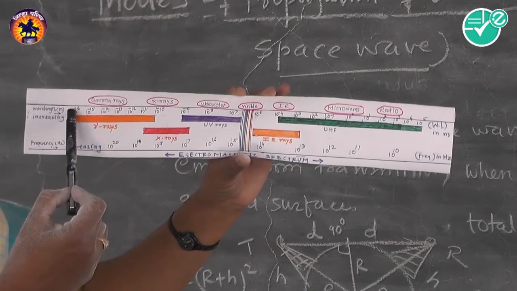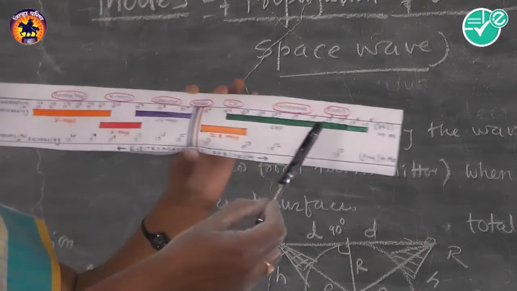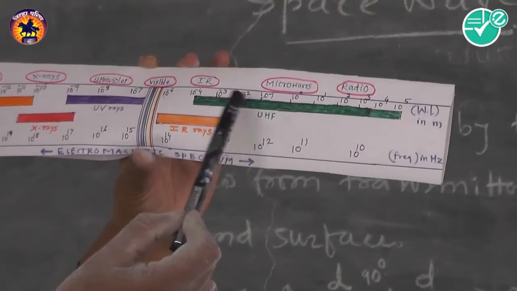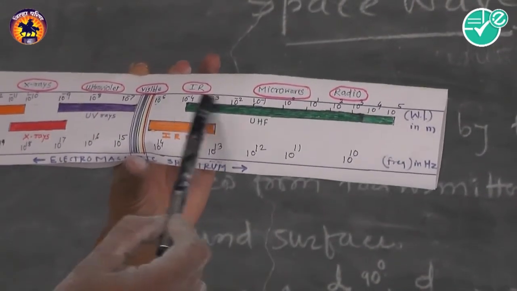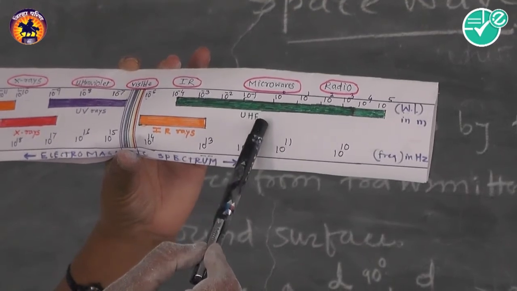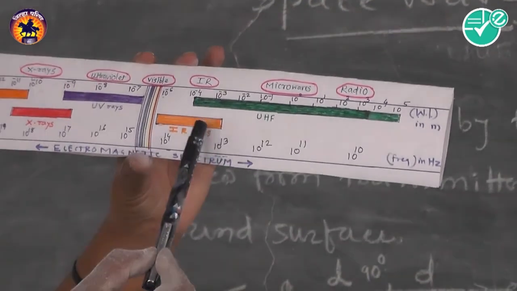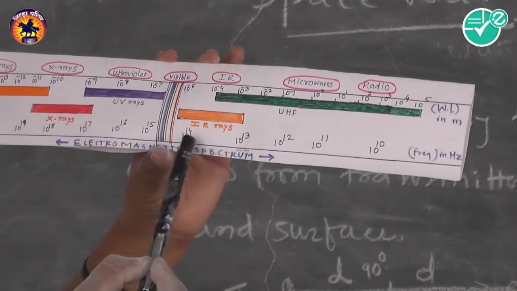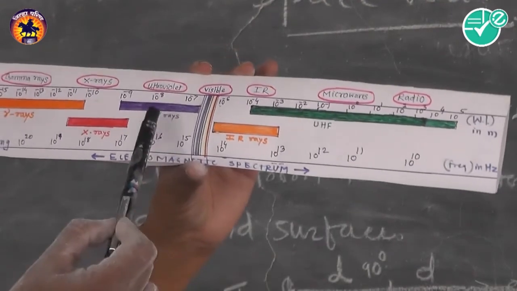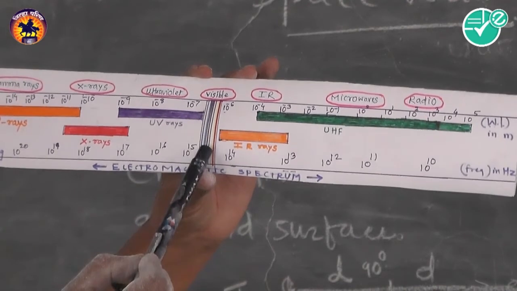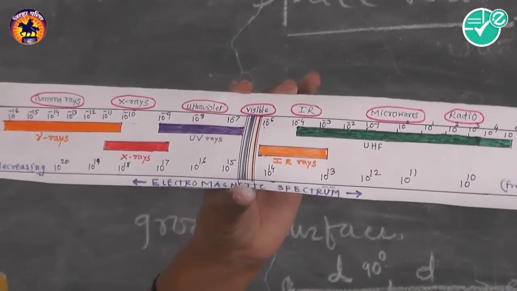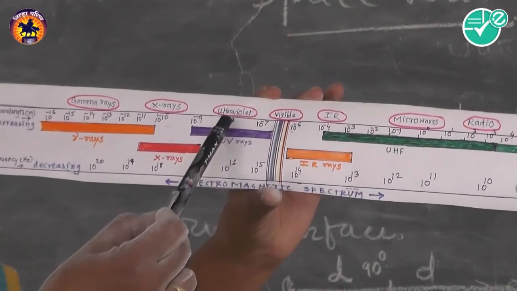The wavelengths are 10 raised to minus 16 to 10 raised to plus 5 in meters. This green color band is known as the ultra high frequency band. Infrared ranges from 10 raised to 13 to 10 raised to 14 hertz, and a very small region is left which is known as visible, which is useful for our eye to see the world around us.